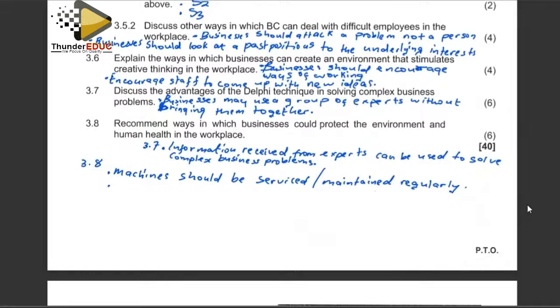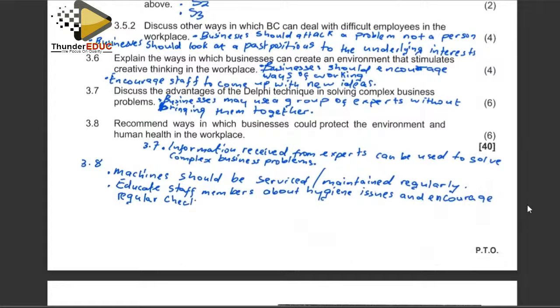And again, we are saying that educate staff members about hygiene issues and encourage regular checks in health issues.